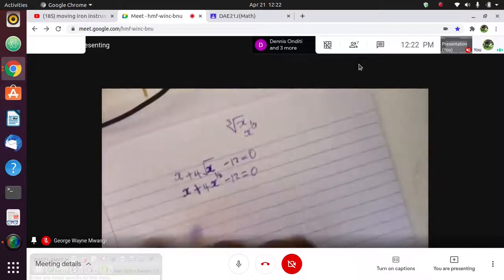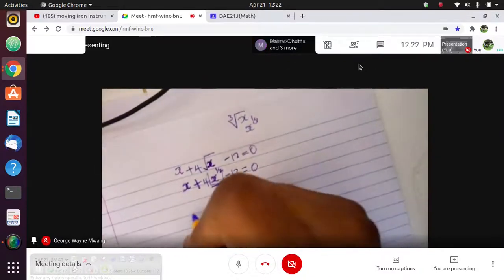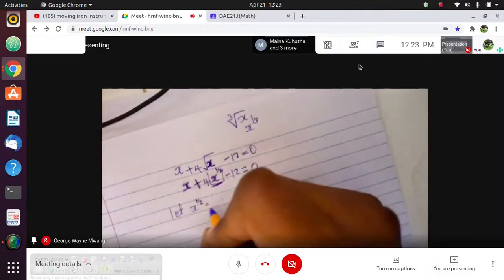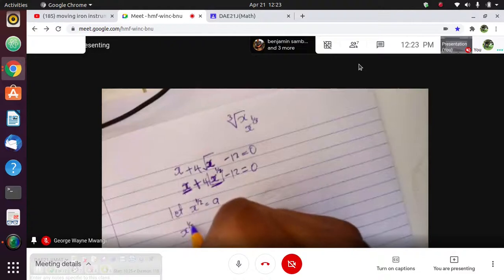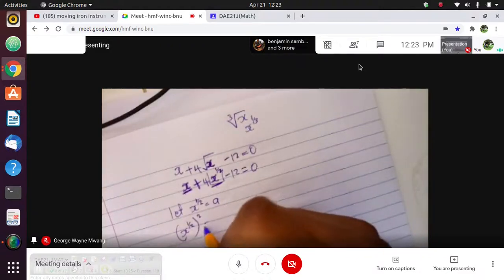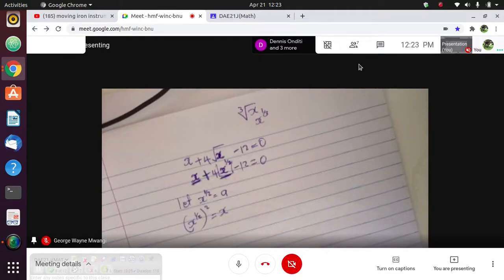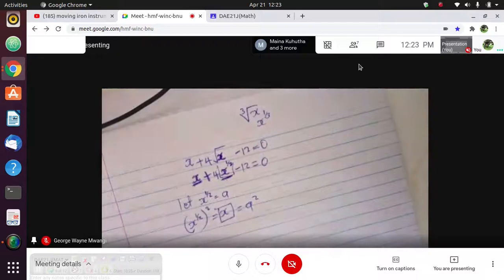Now, let us substitute this variable x raised to the power half. Let x raised to the power half be a. x raised to the power half squared inanipatia x. Are we together? Therefore, x will be a squared.